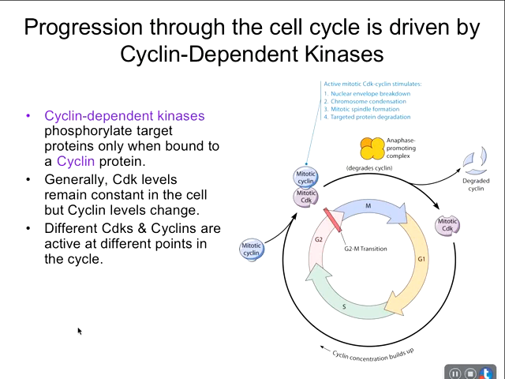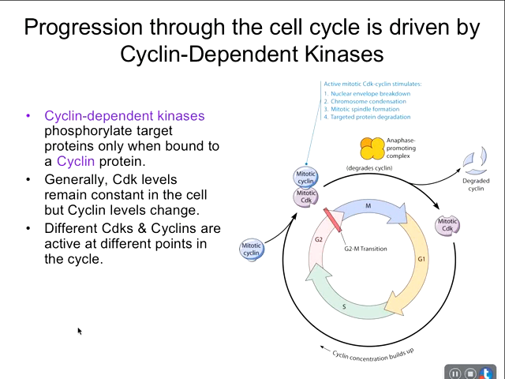phosphorylate. What does it phosphorylate? It turns out that the kinase phosphorylates a whole bunch of proteins that are needed for mitosis. It will phosphorylate proteins that break down the nuclear envelope. It will phosphorylate proteins that cause condensation of the chromosome. Remember the chromosomes coming together into those individual chromosomes.